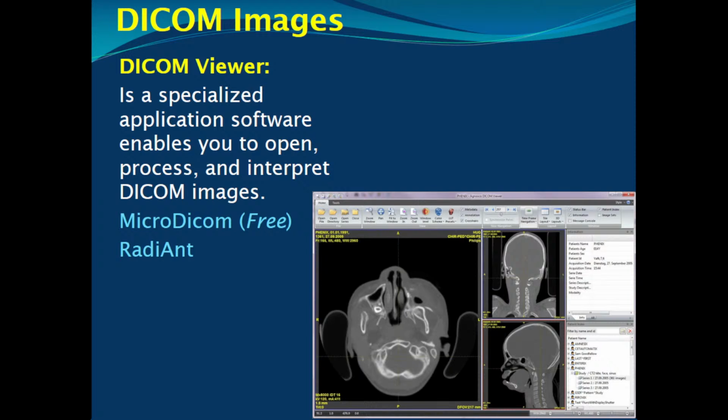It is specialized application software that enables you to open, process, and interpret DICOM images. On this slide, you see examples of this DICOM software, MicroDICOM, Radiant, or other software applications.